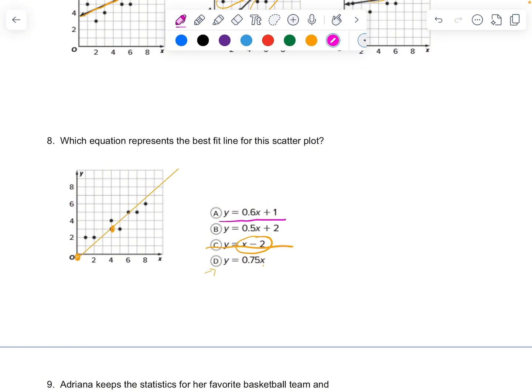This one, I go through 1, 6 over 10. That would be 3 over 5. 1, 2, 3, 1, 2, 3, 4, 5.